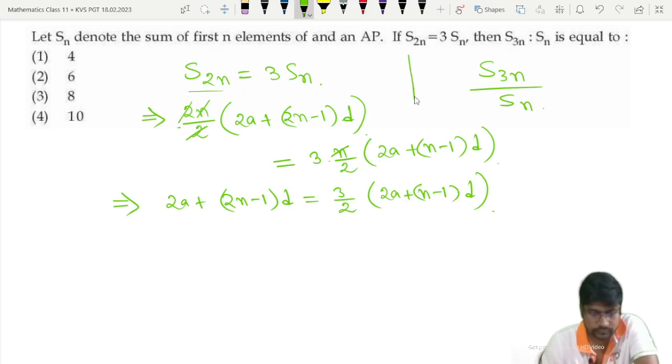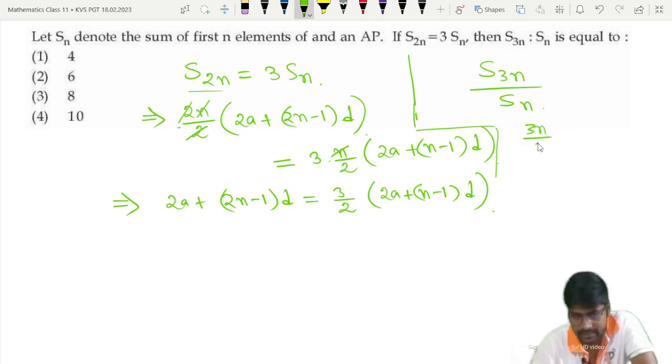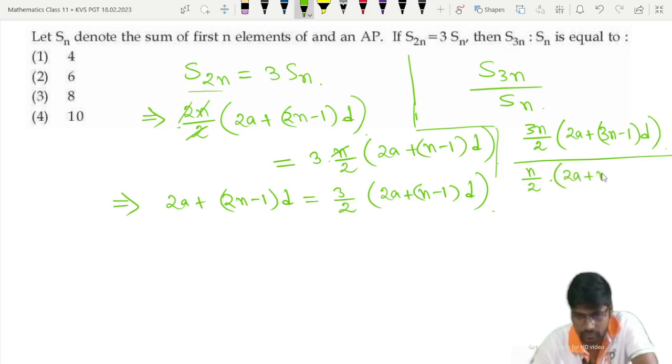And this side whatever we have to find, that also we will do simultaneously, then it will help us. So S3n means 3n by 2 into 2a plus 3n minus 1 into d. This is S3n, and Sn means n by 2 into 2a plus n minus 1 into d.